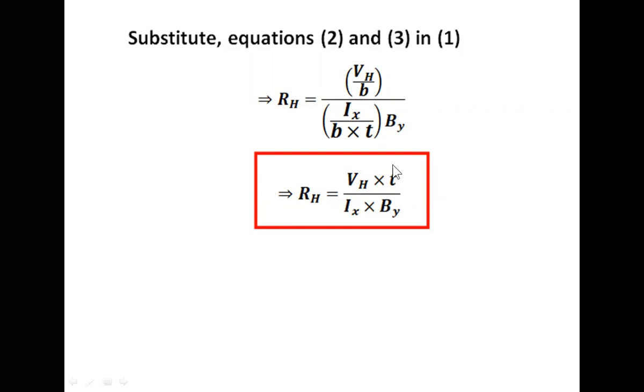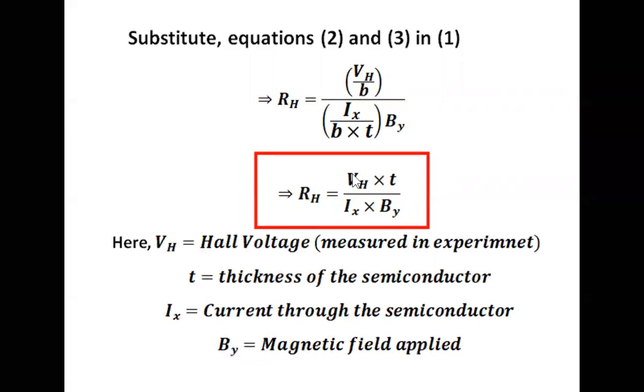That means here in this expression, if you see, all the values can be measured. VH, the Hall potential, can be measured in the experiment. T, the thickness of the block, can also be measured. Ix, the current flowing through the block, can also be measured. By, the applied magnetic field, can also be measured.